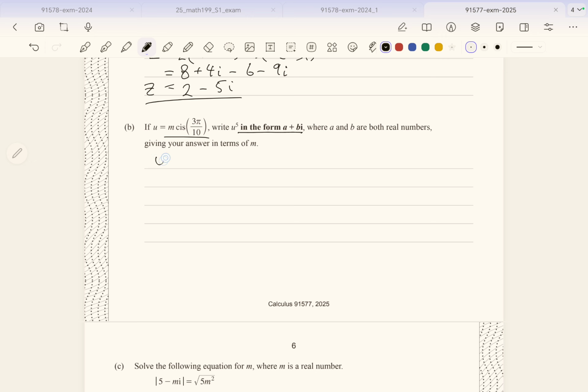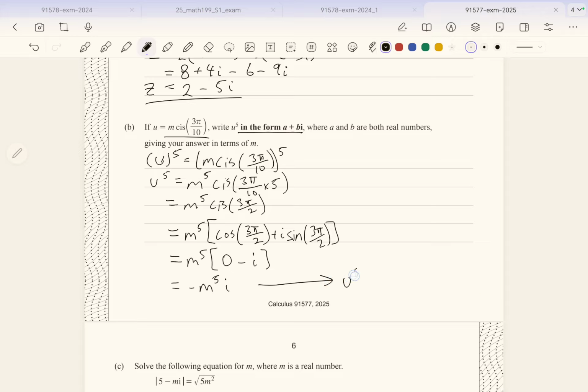This gives m to the 5 times cosine of 3 pi on 2, which is 0, and i sine 3 pi on 2 is minus i. Therefore, this simplifies down to minus m to the 5 i, which means that u to the 5 is equal to minus m to the 5 i.